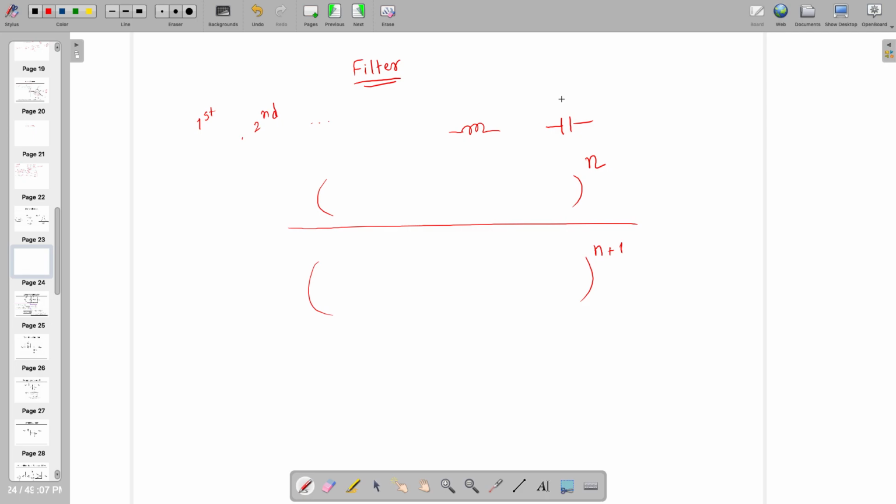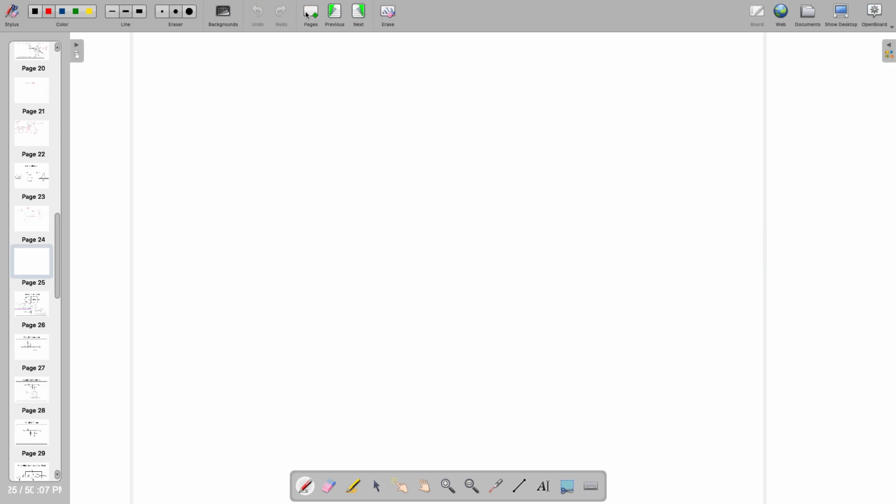But still, it's not a universal statement. I should say that there are two kinds of filters. I am just telling you this theory, which you are going to study if you study DSP. If you are interested in digital signal processing, this will be useful. There are two kinds of filters generally available. One is called infinite impulse response, and one is called finite impulse response.